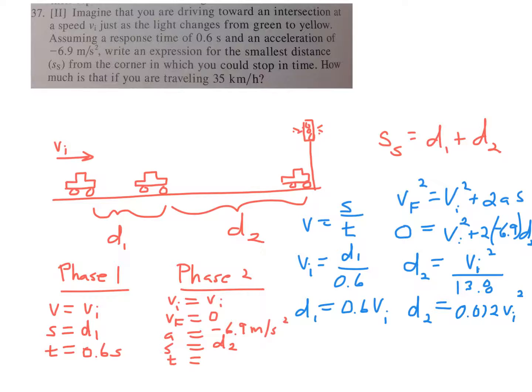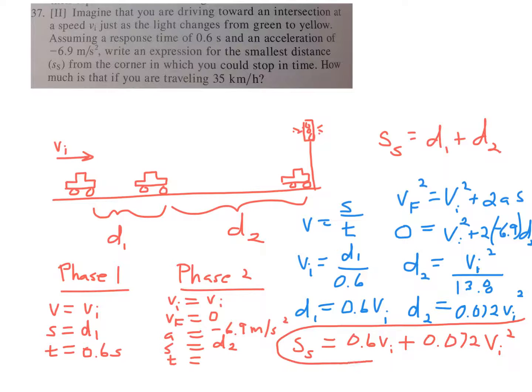So the expression for s sub s, the right-hand side of this, is d sub 1 plus d sub 2. In other words, 0.6 v sub I plus 0.072 v sub I squared. So the right-hand side of that is the expression for your stopping distance in terms of v sub I.